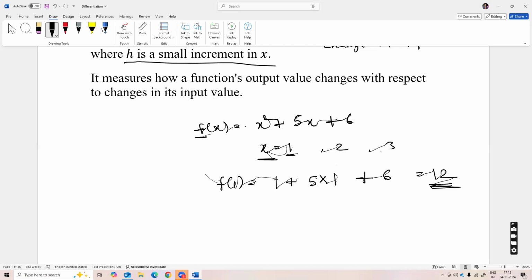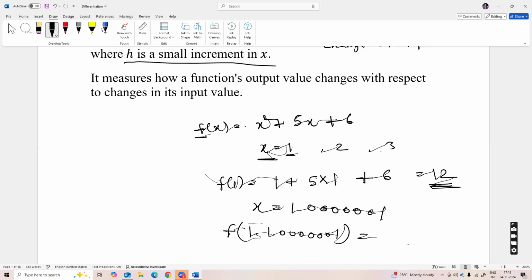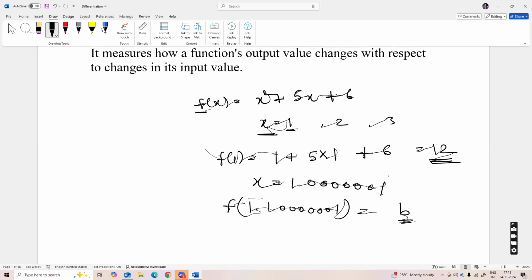Now if you increase the input value 1 by a very small value, tending to 0, let's say 1.000001, then you will get some output value, let's say b.